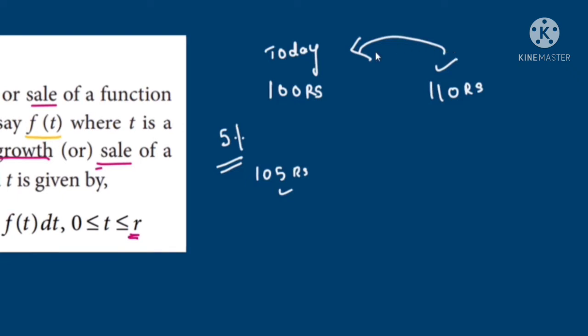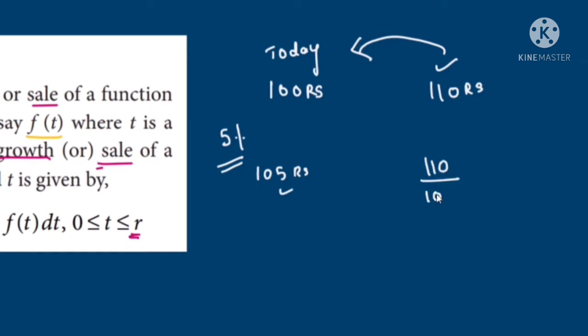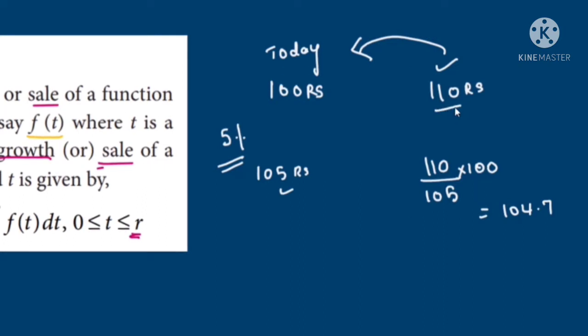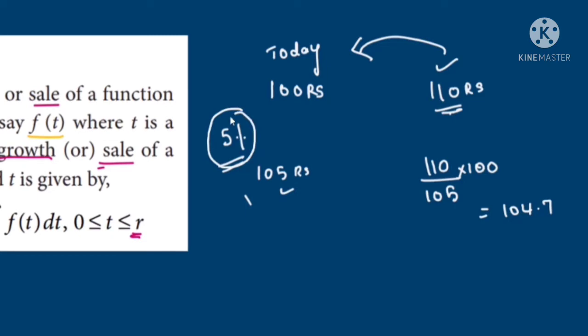This is a reverse, you're going back. How do you find the present value? You just divide this 110 by 105, so you get 104.7. So the present value of this amount based on this 5% interest is 104.7.